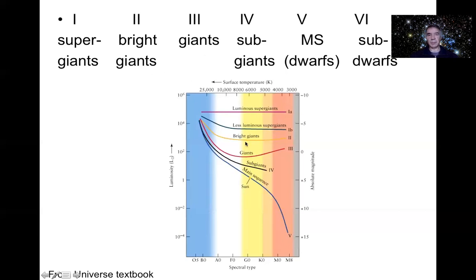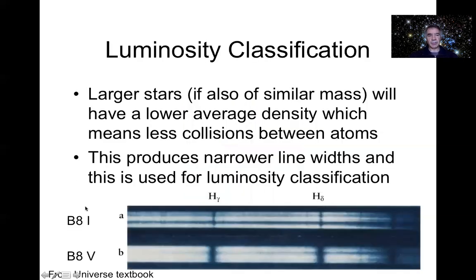Don't get hung up on all the different types; you don't really need to get hung up on much of this. So you've got giants here, Roman numeral class 3, and you've got the supergiants, Roman numeral class 1. If you go back to that previous example, this is a supergiant because it's got the narrowest lines, and that's given the Roman numeral 1.